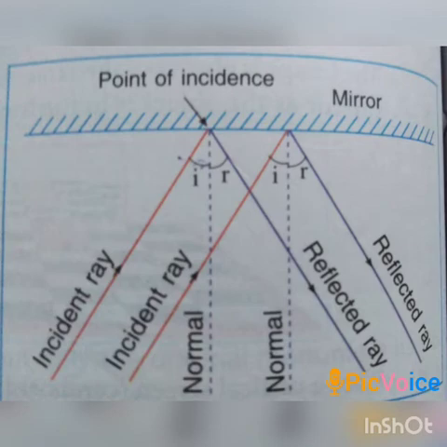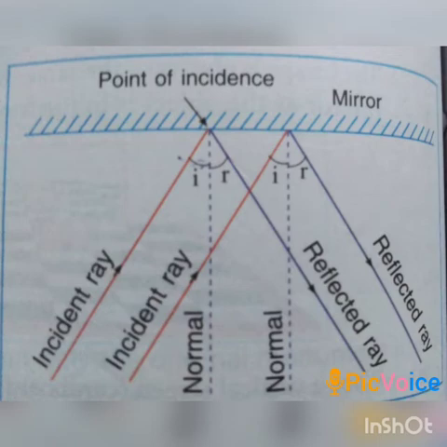The first law: the incident ray, the normal at the point of incidence, and the reflected ray all lie in the same plane.